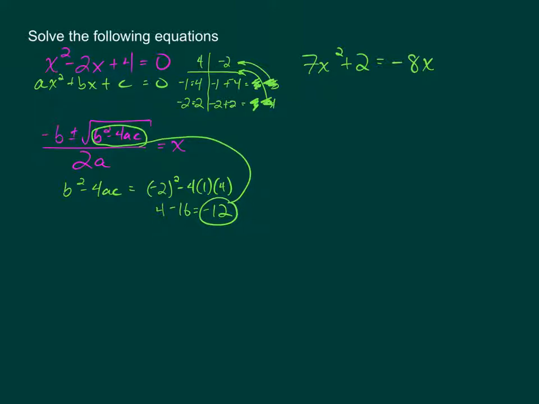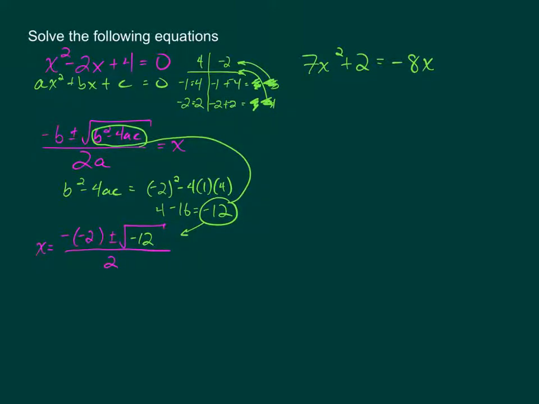So x equals negative b plus or minus the square root, all over 2a. b is negative 2, so I substitute that in there. b squared minus 4ac is negative 12, so we put that in. And 2 times a, 2 times 1, is 2.